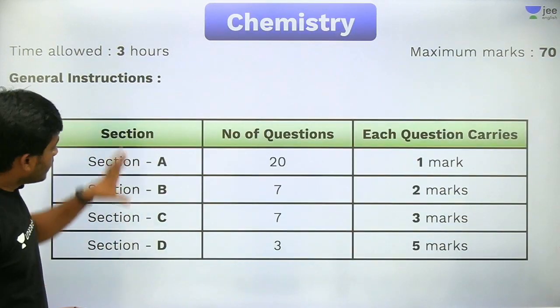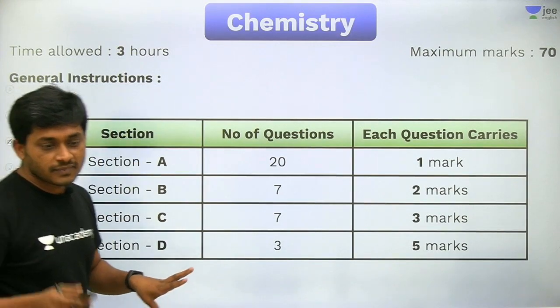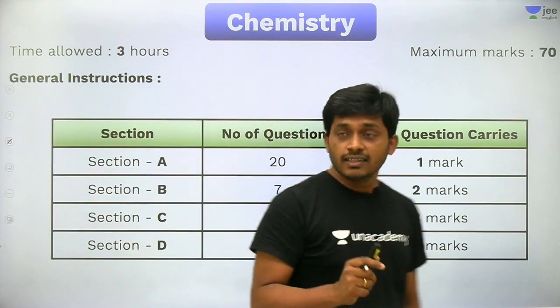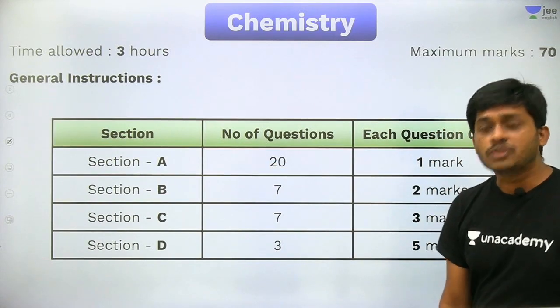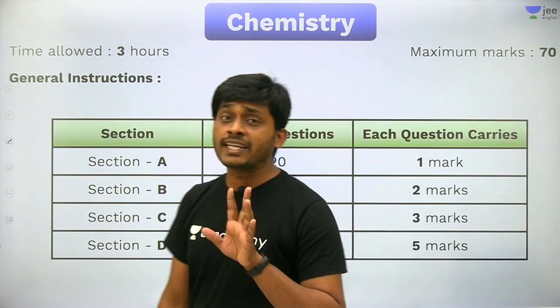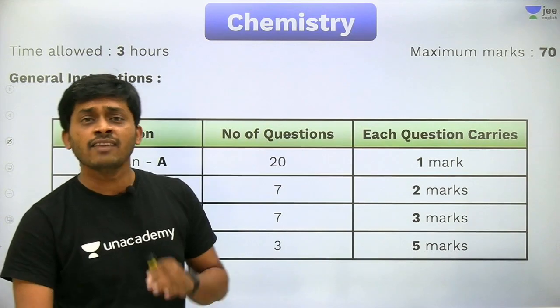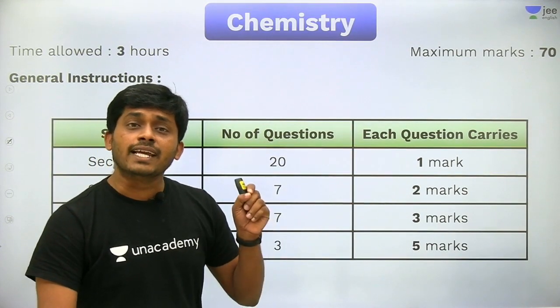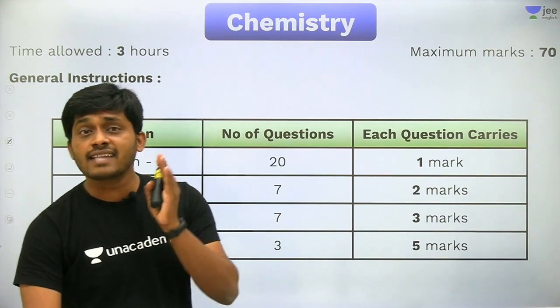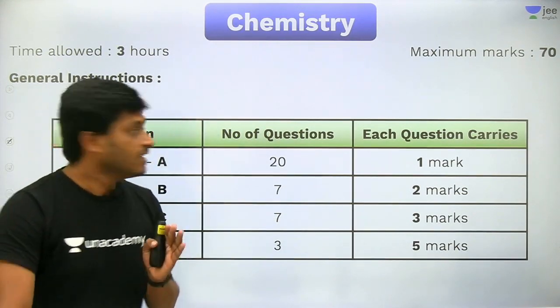See here, 4 sections. Right? And section A, how many questions are there? Total 20. In these 20 questions, there are 1-word answers, and there are MCQs, and there are assertion reasoning, correct?